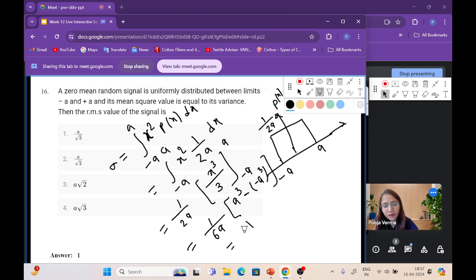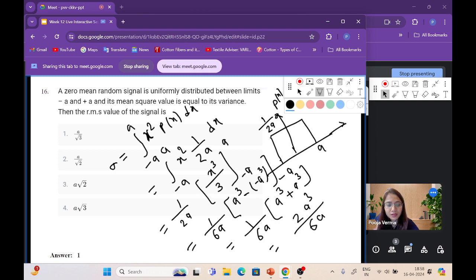Then 1 upon 6a times (a cube plus a cube), so 2a cube divided by 6a, so a square by 3. This is the variance of that signal.